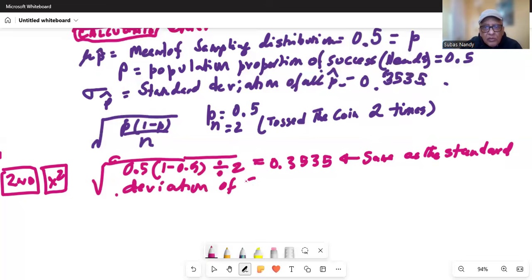So what is the bottom line? The bottom line is that what the central limit theorem for sample proportions states is true.